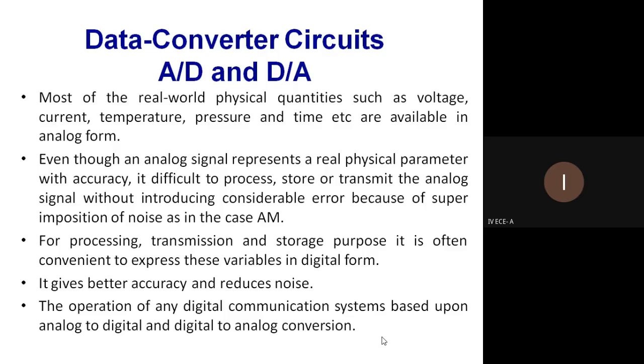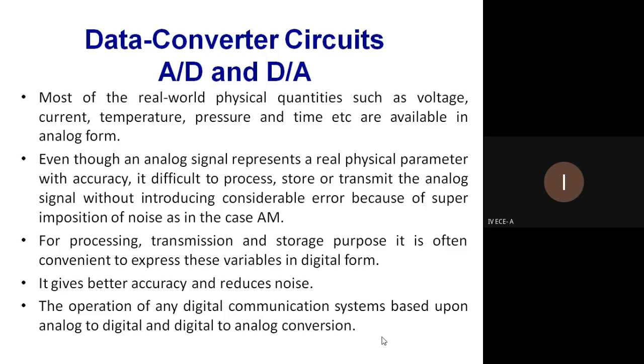The analog signal represents a real physical parameter with very good accuracy, but it is difficult to process, store or transmit without introducing considerable error because of superimposition of noise, as in the case of AM, amplitude modulation. In AM, noise is a very big problem. For processing, transmission and storage, it is often convenient to express these variables in digital form.